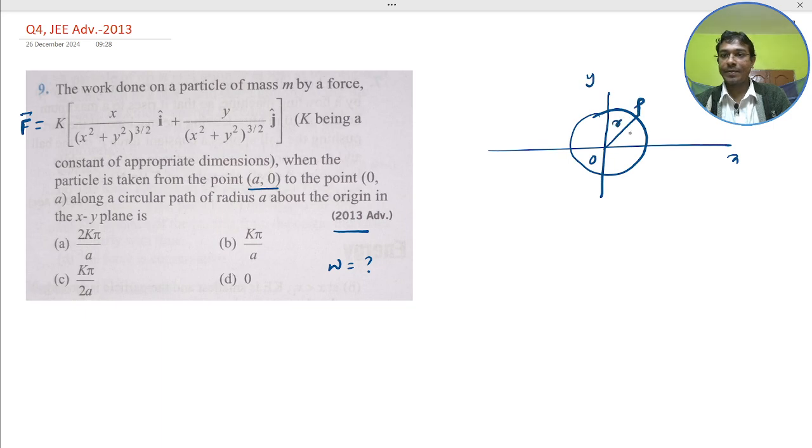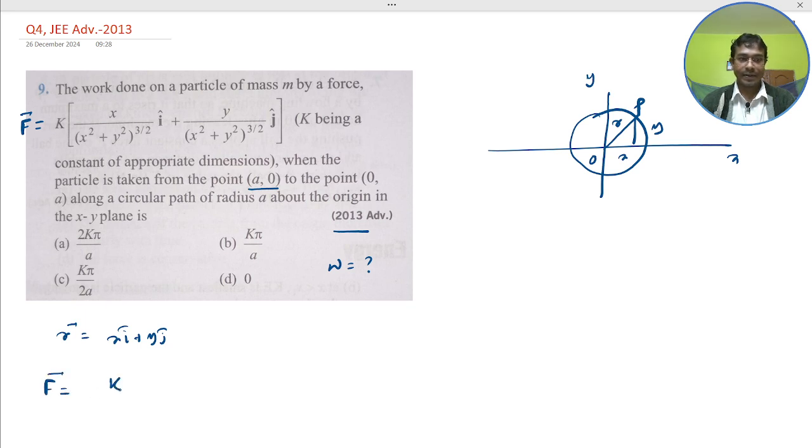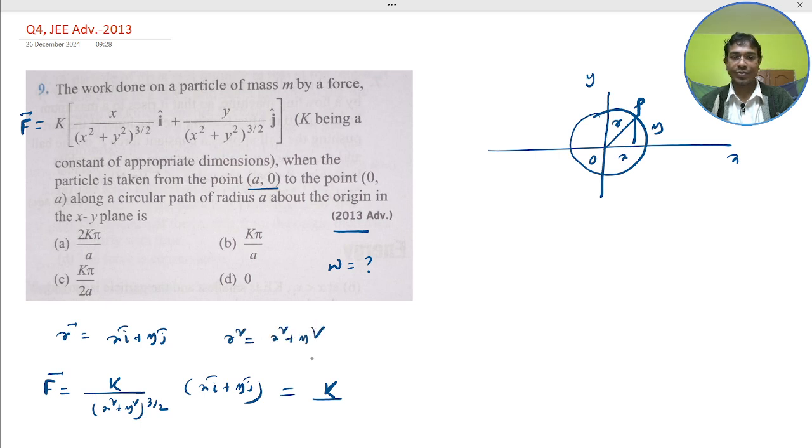This is the radius, point P. Here r is xi plus yj, and the force is given as k by (x square plus y square) to the power 3 by 2 into (xi plus yj), that is equal to k by r cube, because r square is equal to x square plus y square. So k by r cube into the r vector.